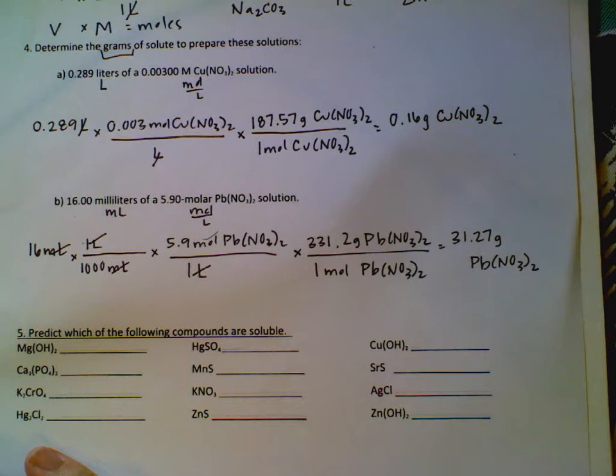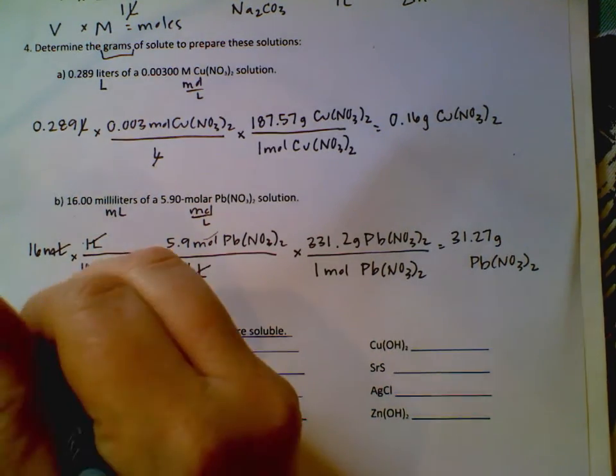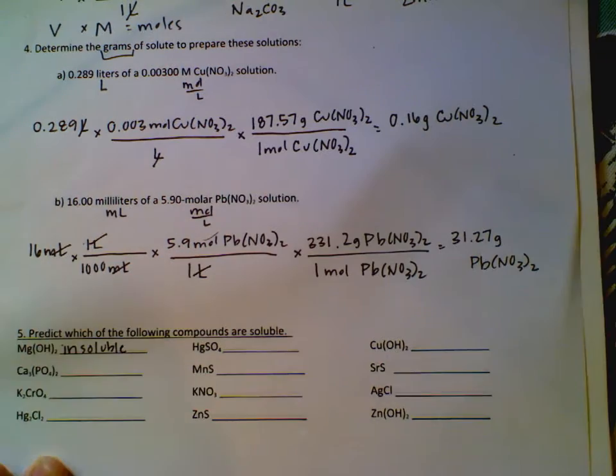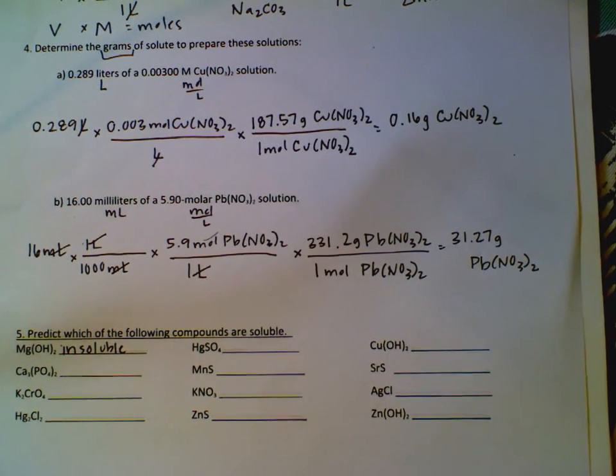There are 2 notable soluble ones: sodium hydroxide and potassium hydroxide. Those are the 2 that are soluble. So in this case, we've got Mg paired with it, which makes it insoluble. Remember that insoluble means that that particular thing is not going to dissolve.